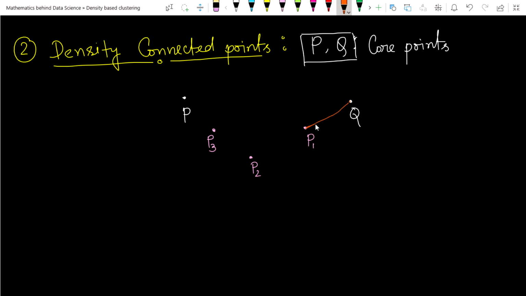The distance between P1 and Q is the density edge that we have already built.